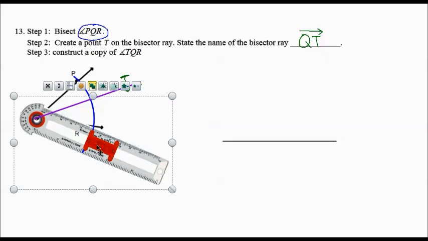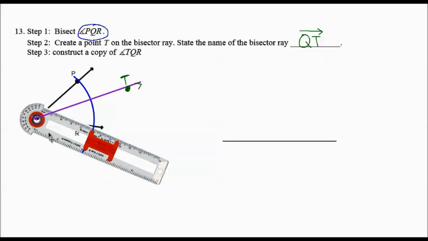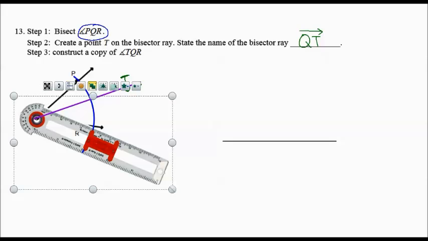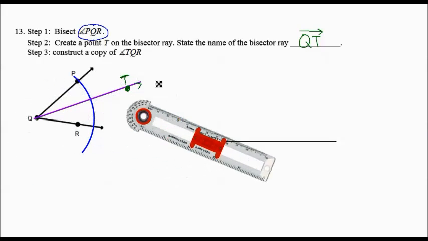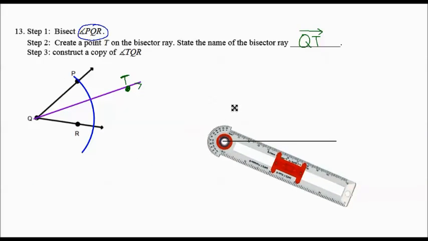Now, without moving the slider opening, you take your compass and you move it to the vertex of your new angle. And you're going to create the same arc that you created here.